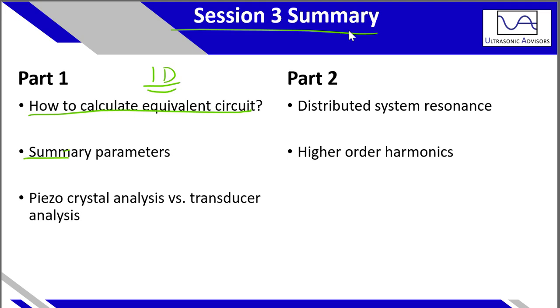Then we looked at summary parameters, which are more useful in general to describe and compare your transducers. And there was significant discussion of resonance and anti-resonance, as well as the coupling factor. And you can use some of these summary parameters to calculate the equivalent circuit in different ways.